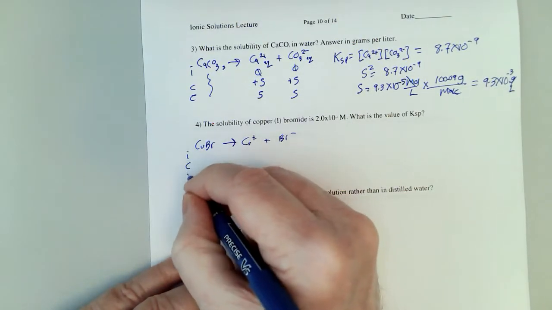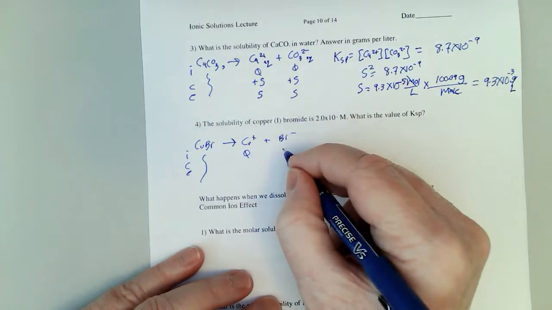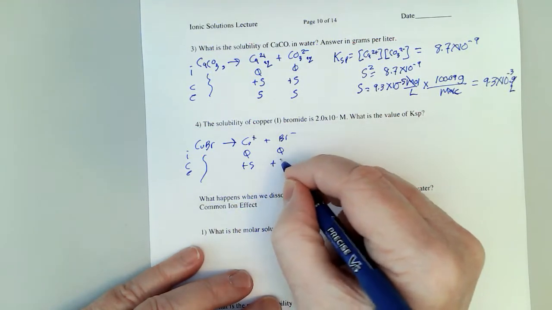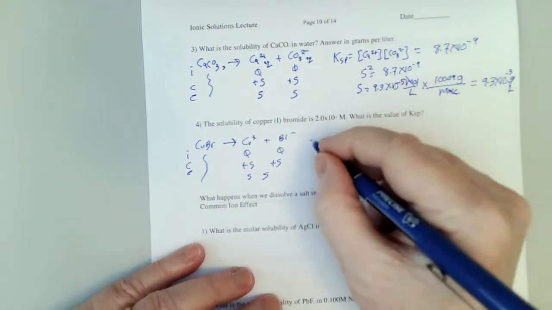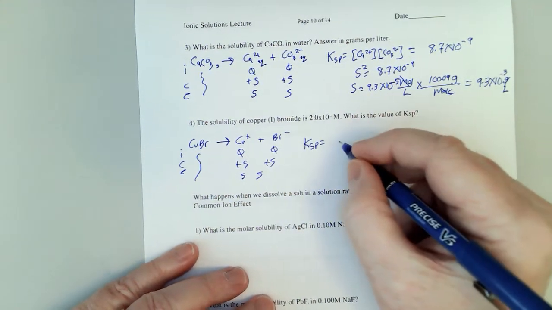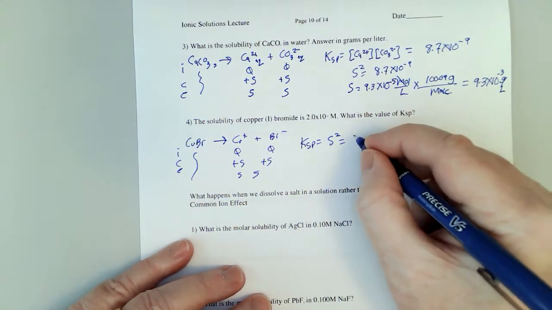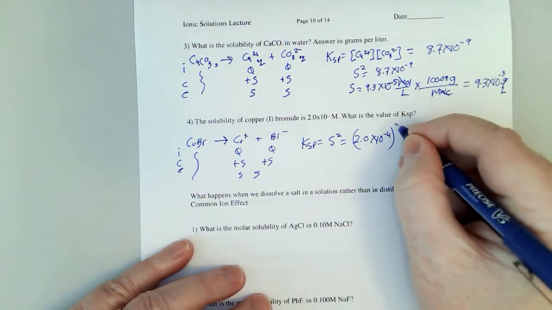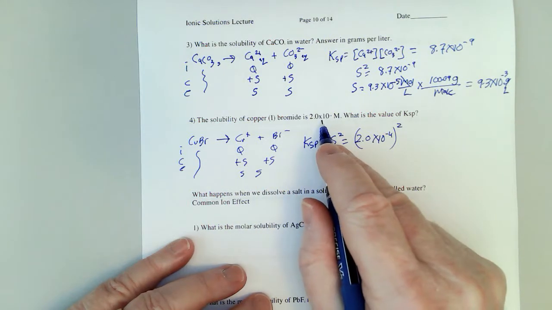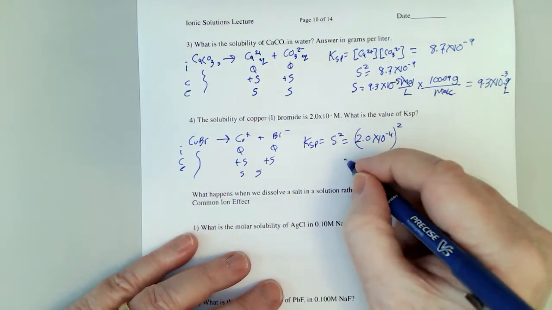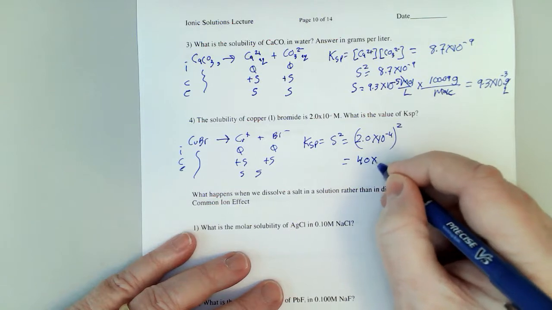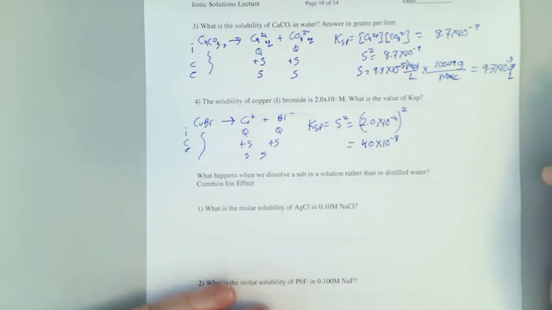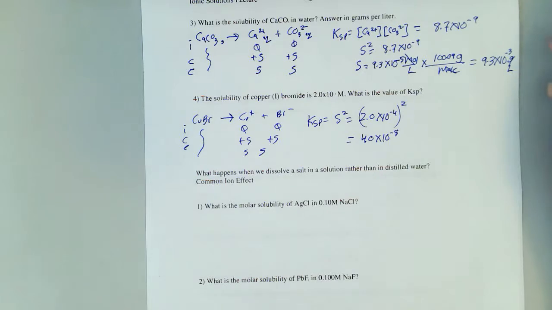Okay, I could do an ice box if I wanted to. 0, 0, plus S, S and S. So Ksp equals S squared, which equals 2.0 times 10 to the negative 4th squared, because the solubility is S. And that equals 4.0 times 10 to the negative 8. All right, so those are your typical questions for dissolving something in water.